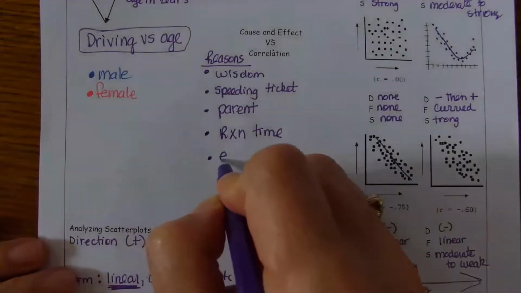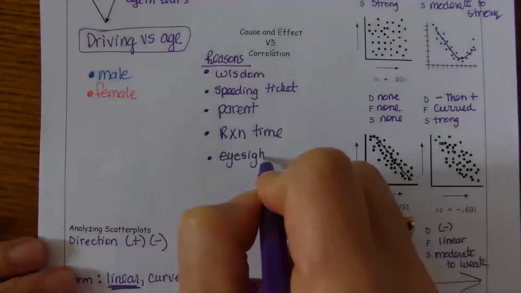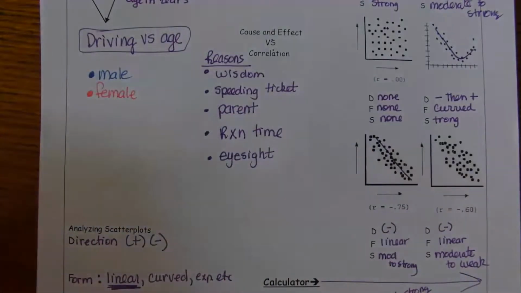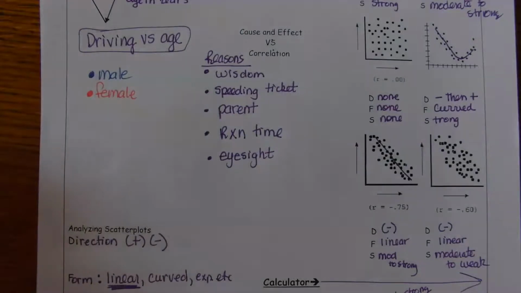What about your eyesight? Have y'all ever ridden with some older people? By older people, I mean your parents or grandparents, and they have trouble seeing at night? Why is that? Astigmatism, cataracts, there's all kinds of things. So is it their age that's making them slow down at night, or is it their eyesight?